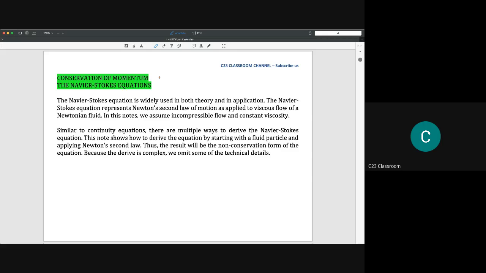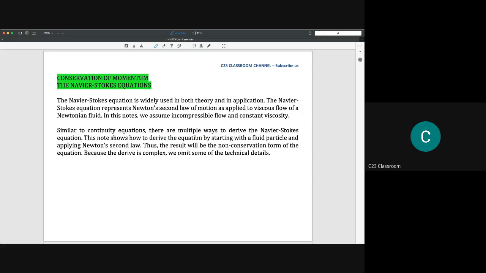As you know, when something moves, it will create force, because force is equal to mass times acceleration, F equals ma, and so on and so forth. Okay, so the Navier-Stokes equation is widely used in fluid flow.